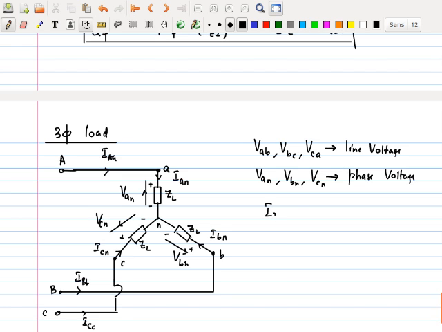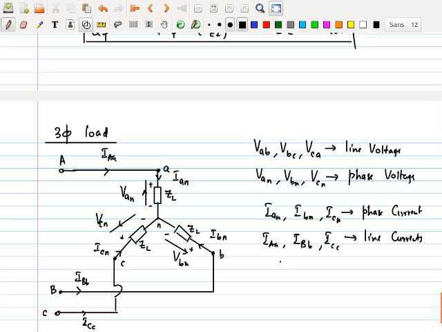Then you have I of AN, I of BN and I of CN. These are called phase currents. Then I of AA, I of BB and I of CC are called line currents. Just like in the earlier case, the line value of the current is the same as what goes through the phase. No different. So if you know one, you know the other.